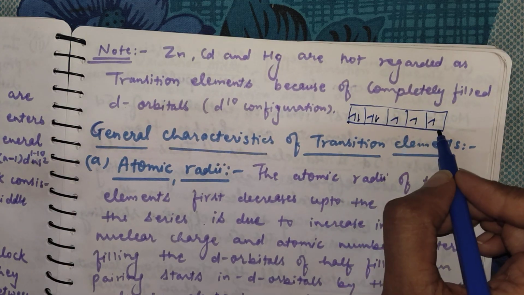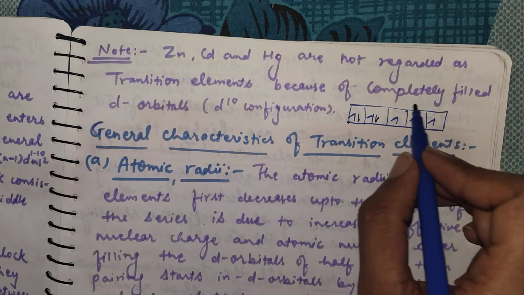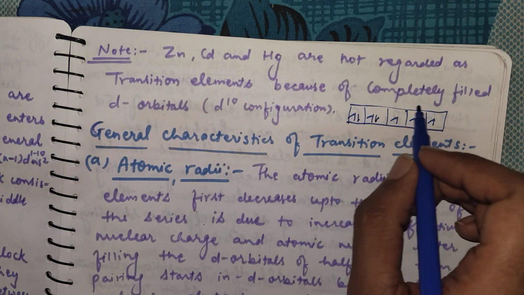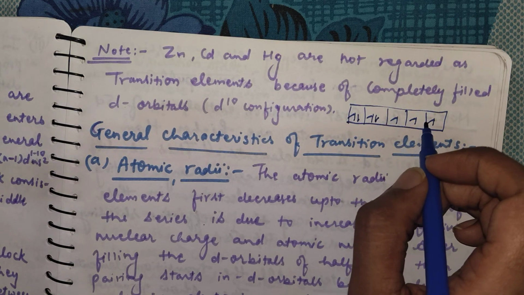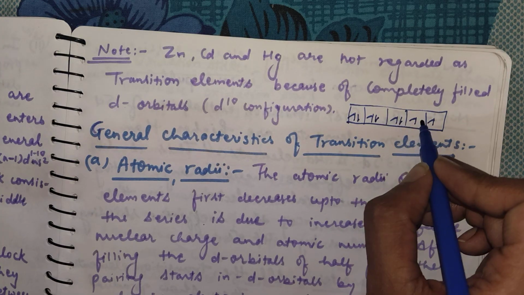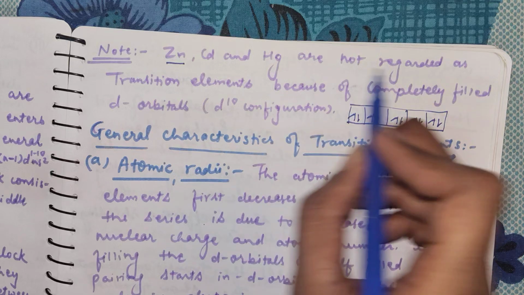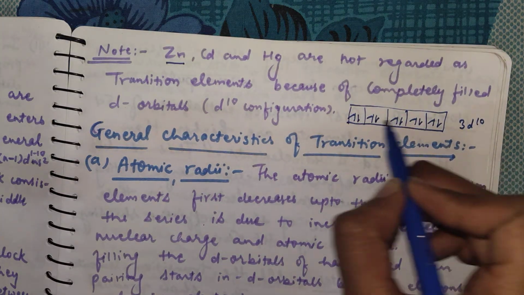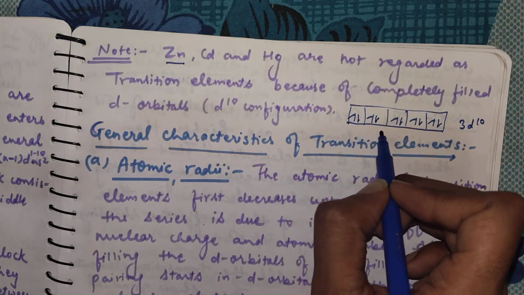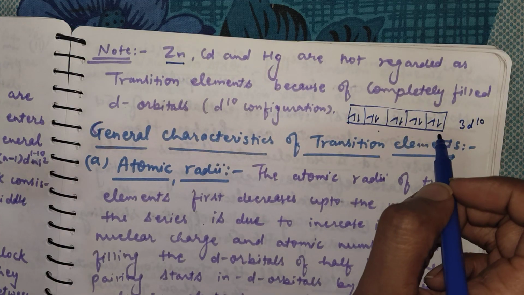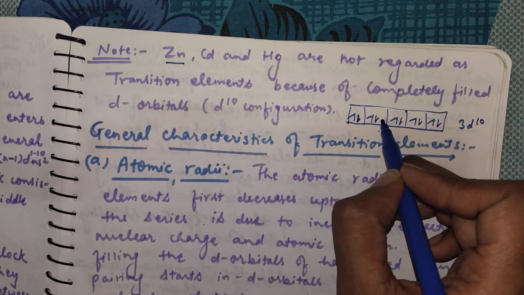If the situation is like this, then we say that it shows color and it has paramagnetic properties in magnetism. But if it is completely filled, for example zinc with 3d10 configuration, its electrons fill 1, 2, 3, 4, 5 one by one according to Hund's rule and the Aufbau principle, then fill in subsequent manner.